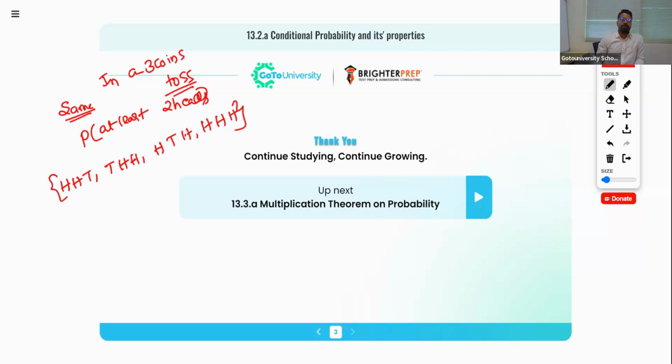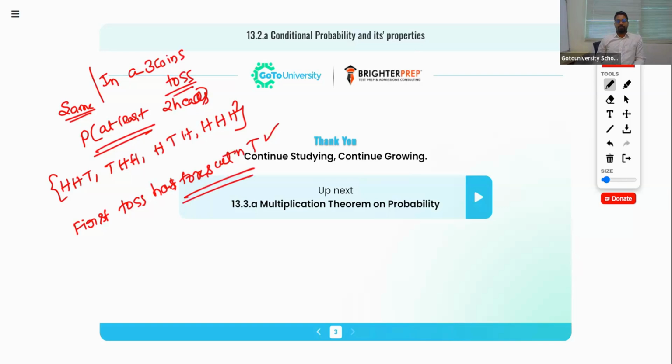This is our having at least two heads. Now further, a condition is the first toss has to result in tail.